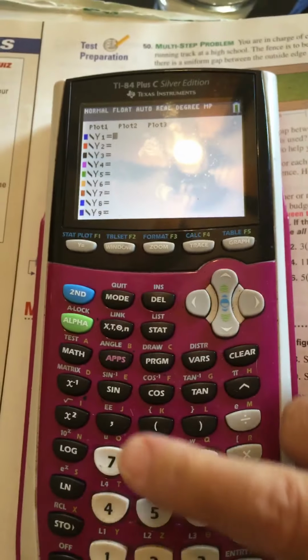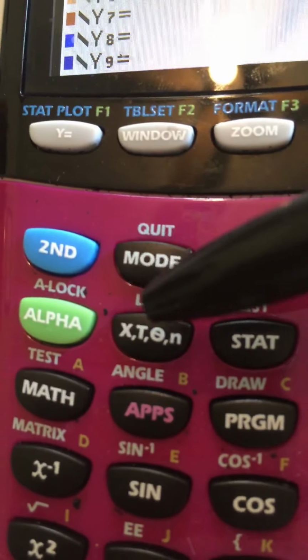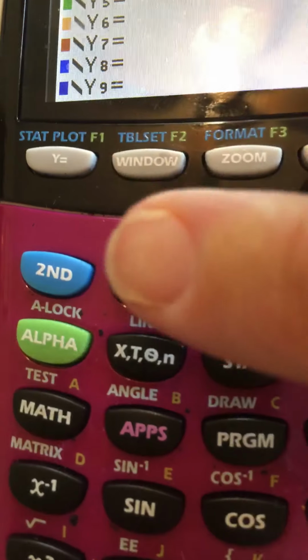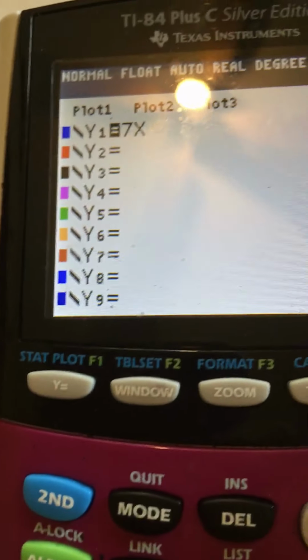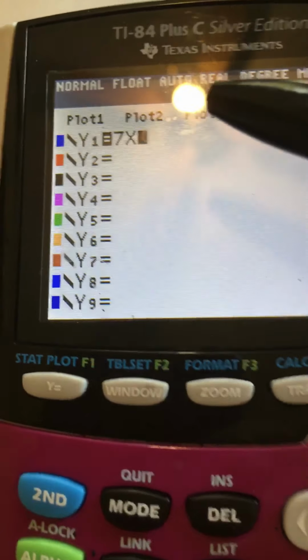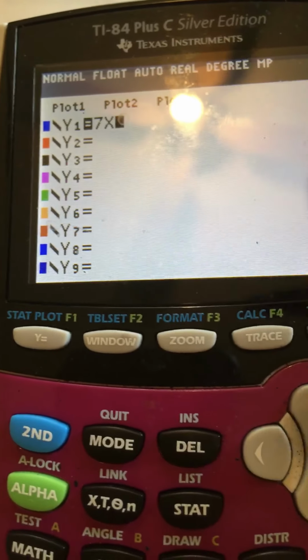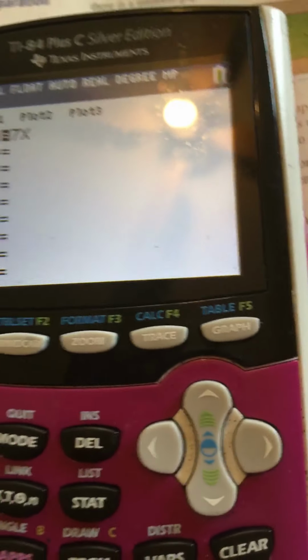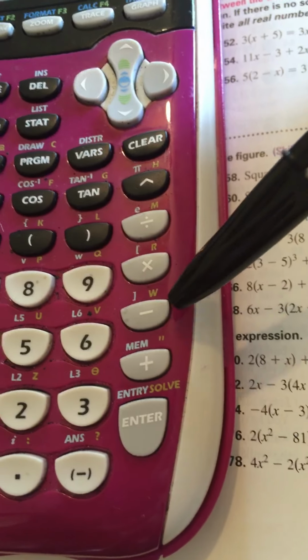So I go over here and I push 7. And now to get x, you use that X,T,theta,n button. And because of how I have it set, it's going to come up with an x, and that's the regular setting, so that's what yours should be too. So it's 7x minus 2. Minus is this one. Minuses go in the middle of equations.